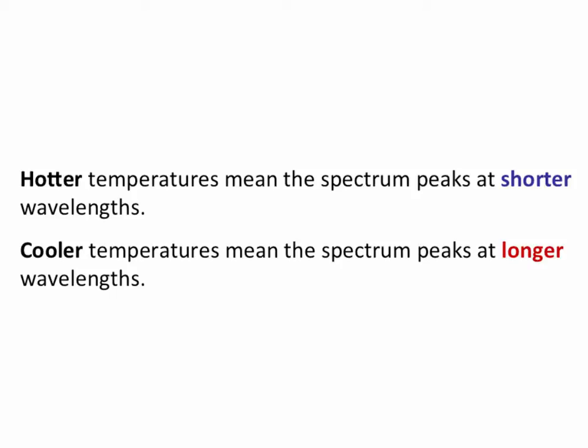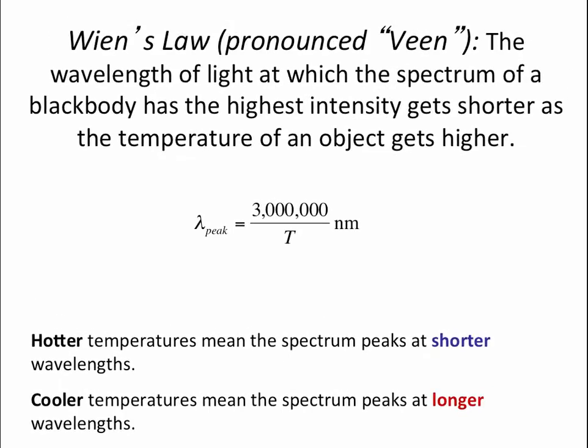And since short wavelengths are bluer in color, the hotter something is, the bluer it's going to appear. Conversely, the cooler it is, the longer the wavelength at which the spectrum peaks, and so the redder the object will look, because red is a longer wavelength than blue. So let's remember that. Hot things are blue, cool things are red.